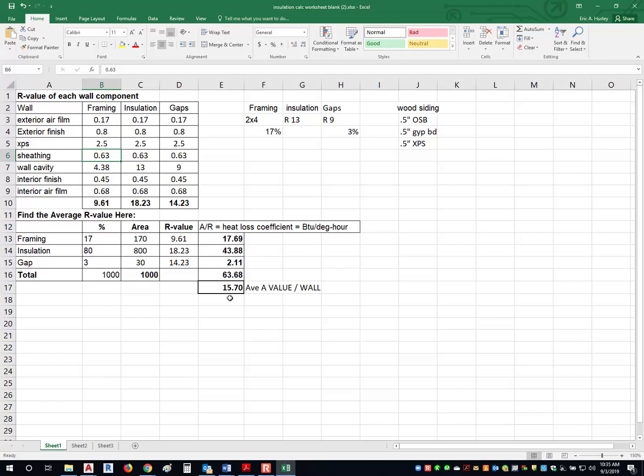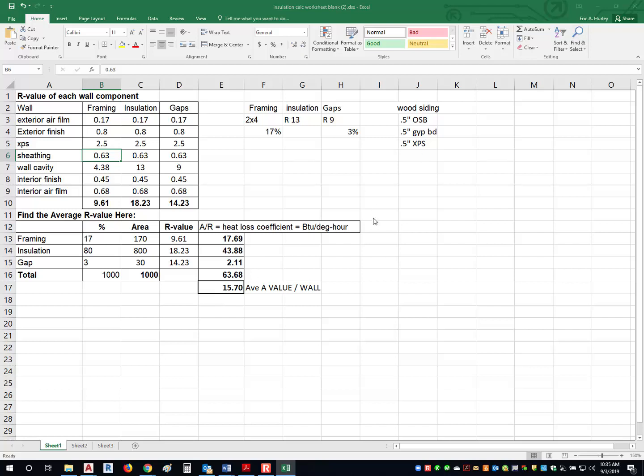Remember, 13 plus 2 is 15 for our state code. Now we have a 15.7. We have our 13 plus 2.5 actually, so we're half an R value higher than what the state requires. All of this added together gets us well above the average that we need to be, 15.7.